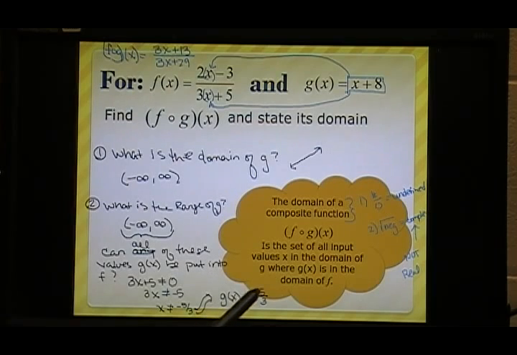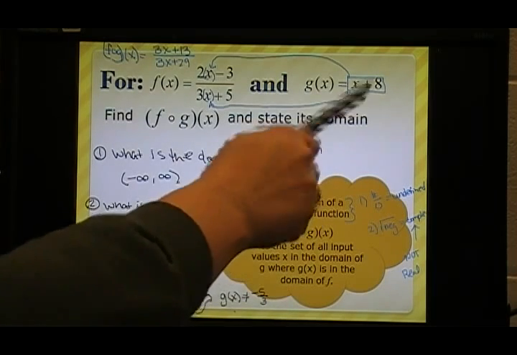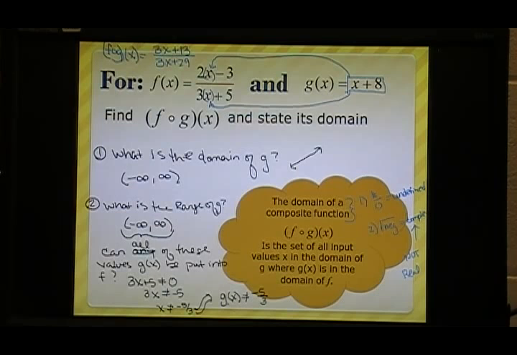So for g of x to not equal negative 5/3, this is my g of x, then that means x plus 8 can't equal negative 5/3. Or x cannot equal, and then just get out your calculator, negative 5/3 minus 8, you should end up with negative 29/3.